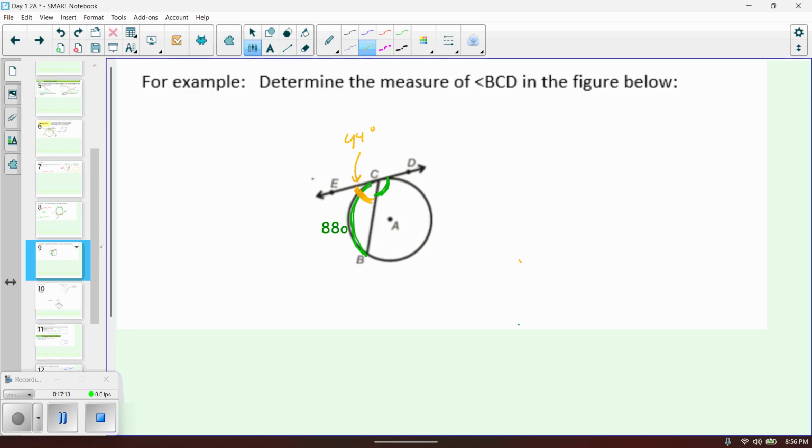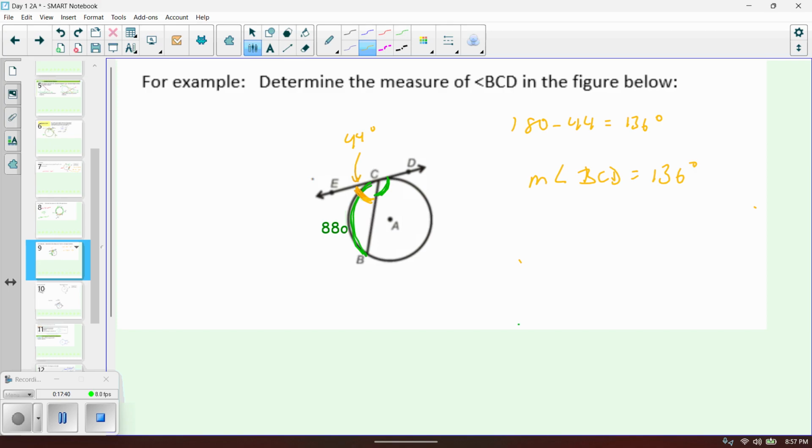So then to find the measure of the angle we're looking for, well, that has to be something which adds up to 180. So 180 minus 44 is going to be 136 degrees. So the measure of angle BCD is 136 degrees.